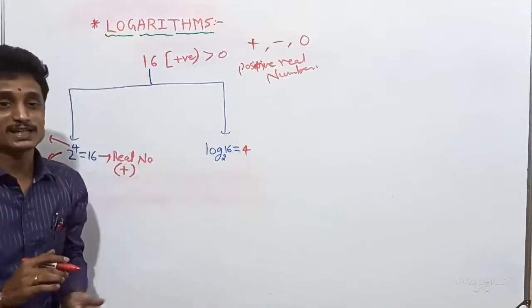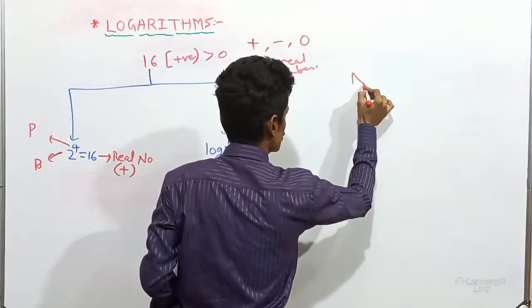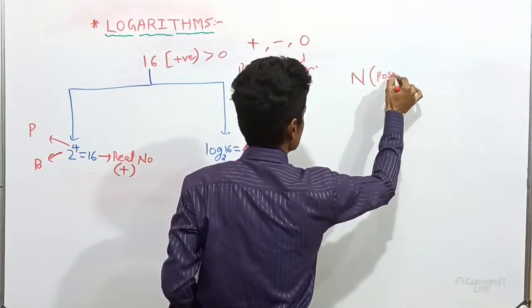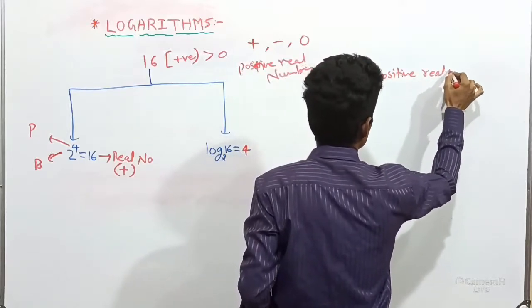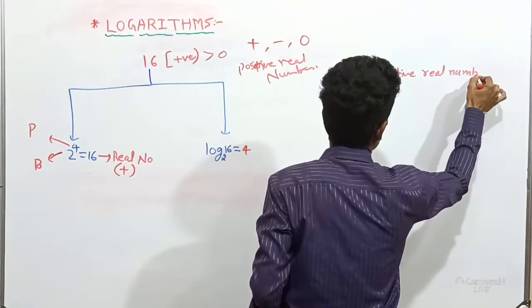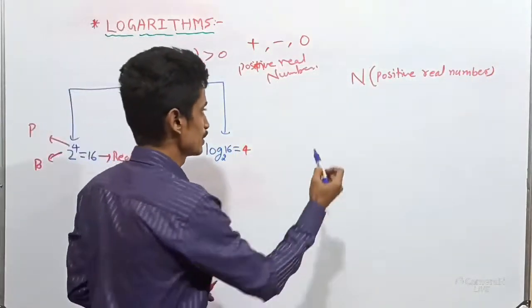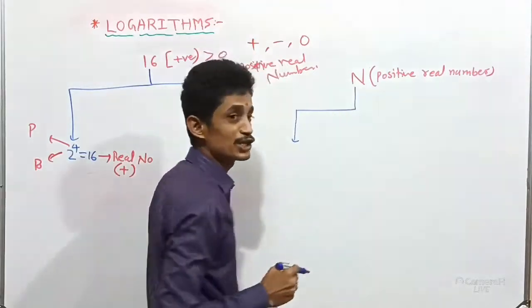How can we define it in general? In the general definition, take one positive real number. Keep in mind this n is a positive real number. How to represent it in 2 ways? One way will be exponential form.